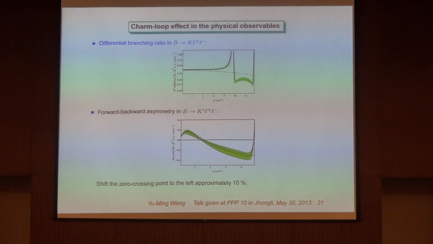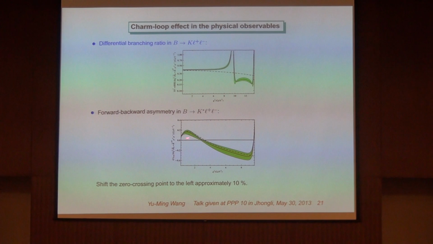Now let's come to this effect for the physical observables. The first one is the differential branching ratio for B to K ll. It is clear that at small q squared, this effect is not visible. Only when you approach the charmonium resonance region does the role of the non-factorizable part become more and more important.